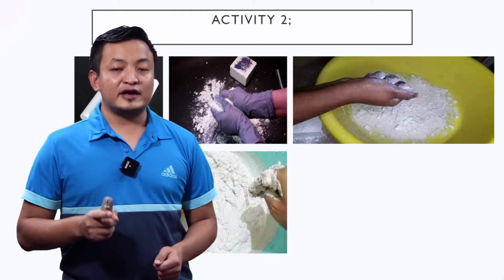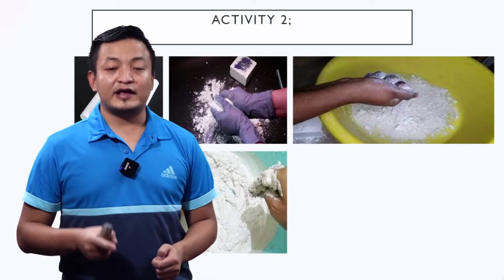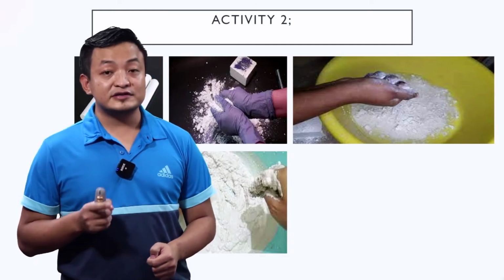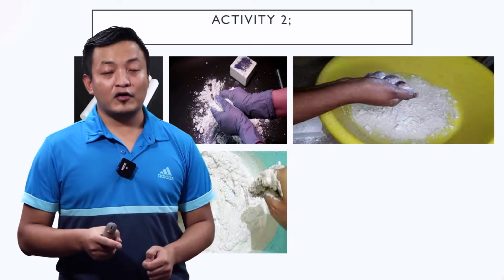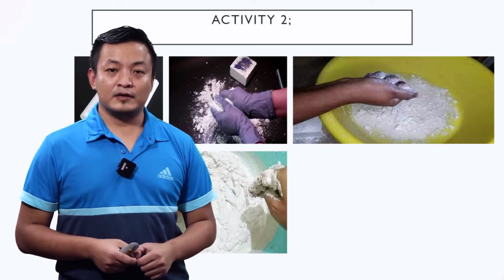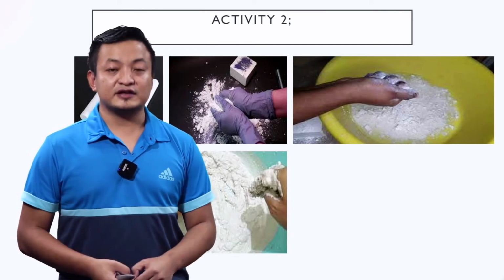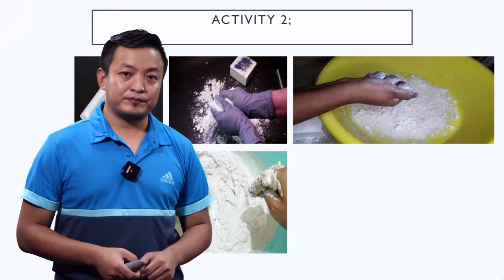We did not get any new substance. And if we do not get any new substance, that is an example of physical change. So we will just see changes in physical properties, but no new substance will be formed.